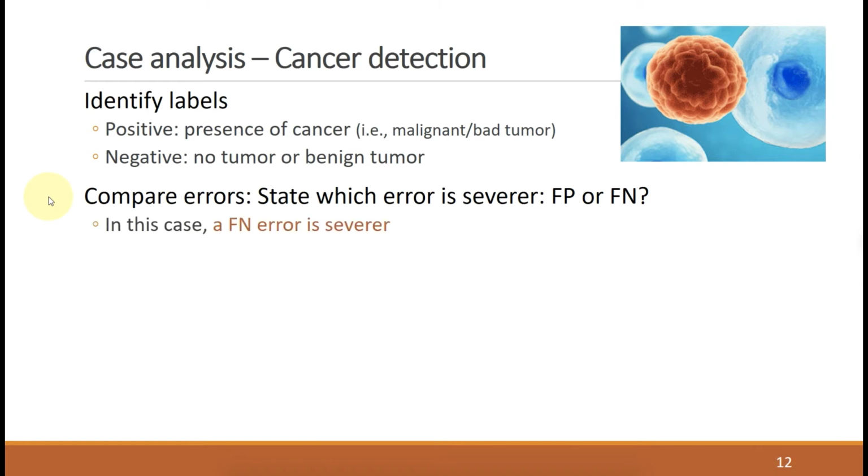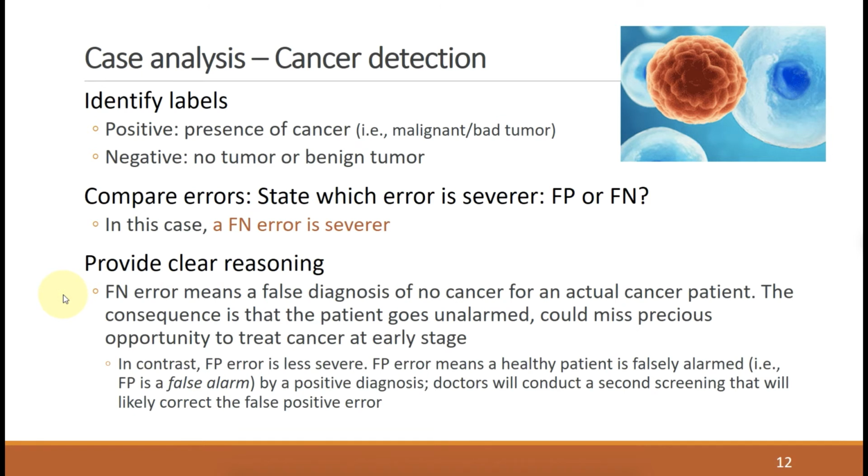With that conclusion, you will need to state clearly what your reasoning is, and here is the example. In the case of false negative, an actual positive outcome is mistakenly classified as negative. A positive outcome means a patient with an actual cancer tumor is falsely diagnosed with a negative outcome, which means the diagnosis says the patient has no cancer.